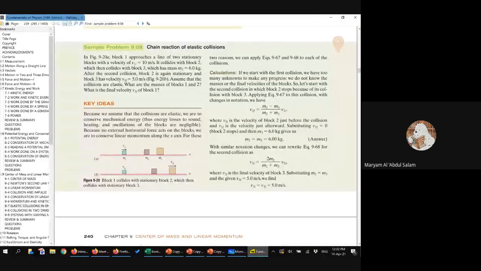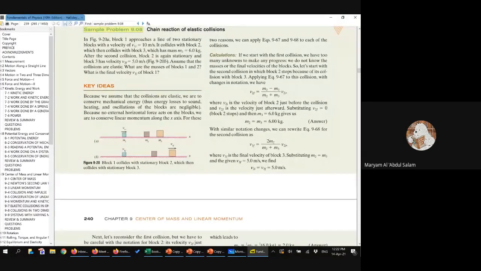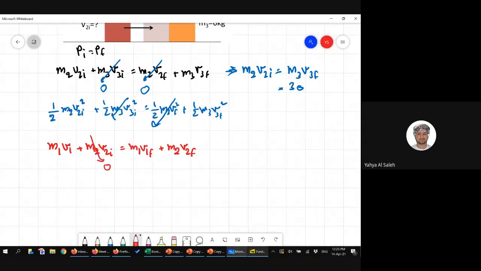We can use the first two equations we have written. Can you use the first two? Yeah, the first two equations you write down. Equation 1 and equation 2?